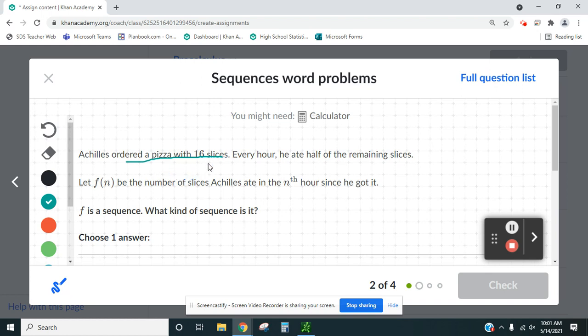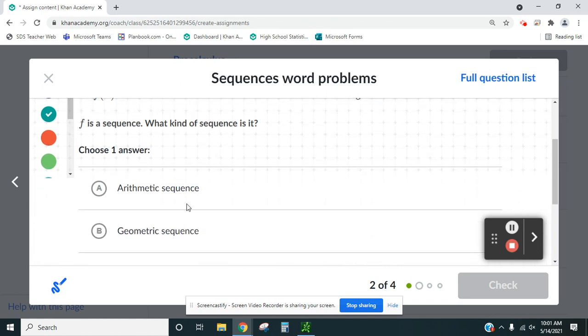So what happens when you cut something in half and cut it in half again? Are you subtracting or adding the same number every time? No, you're not, right? So that means it's not arithmetic, it's geometric. And your common ratio is a half.